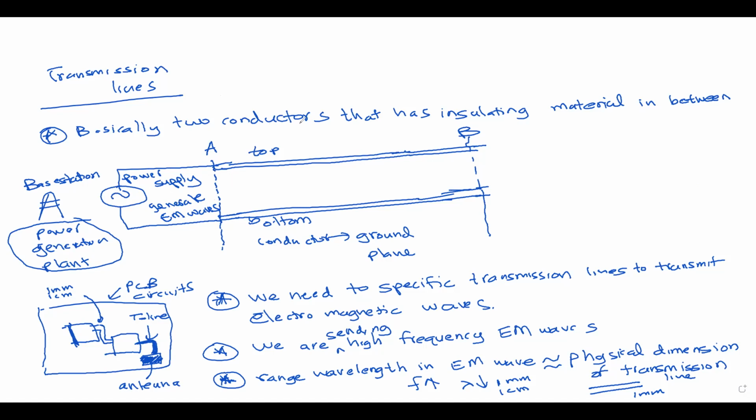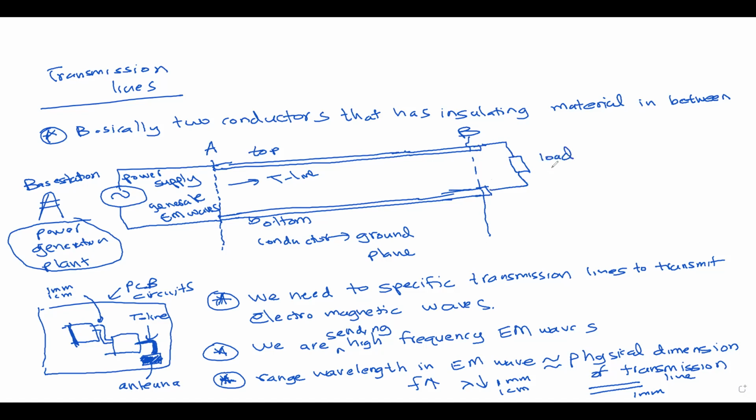The produced electromagnetic wave is transmitted through this transmission line and delivered to a certain load which is connected at the end. The load I will denote using a certain impedance. I will connect it like this.